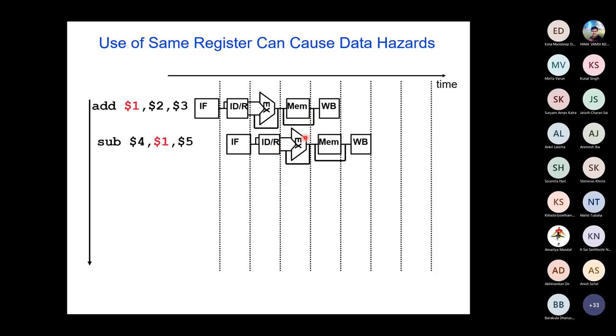Clearly, that's not possible. If you read this register, you are reading something else. You are reading garbage. So this is a clear case of data hazard. These two instructions are consecutive.